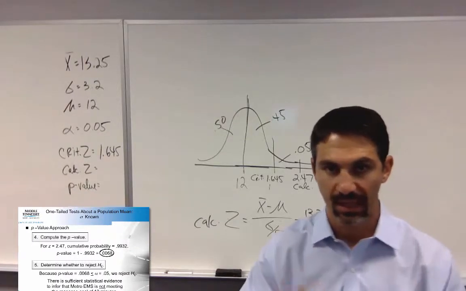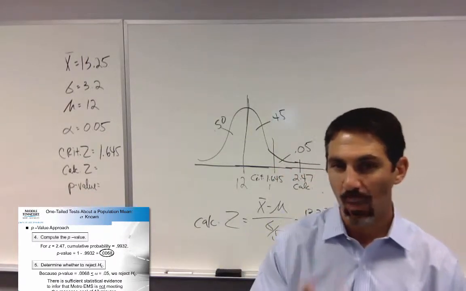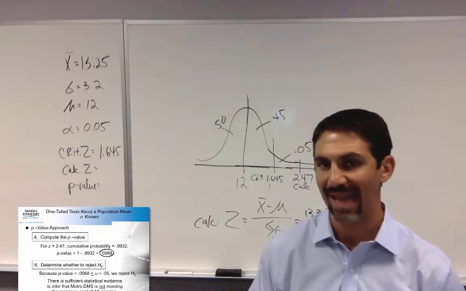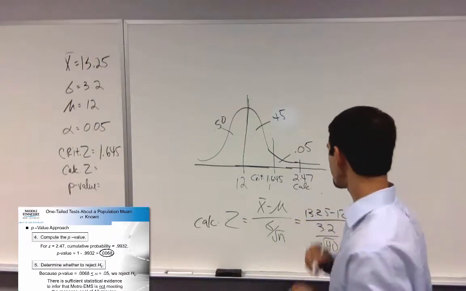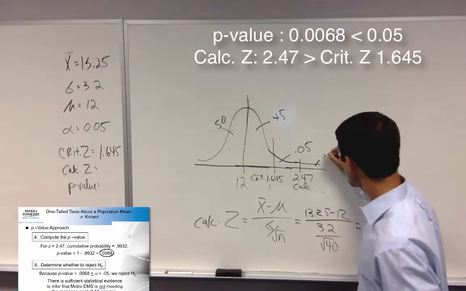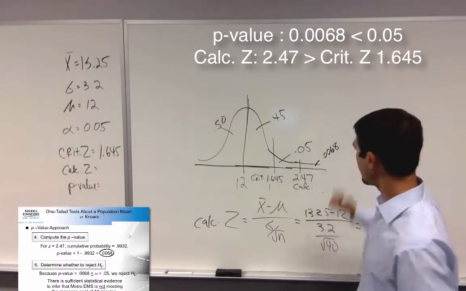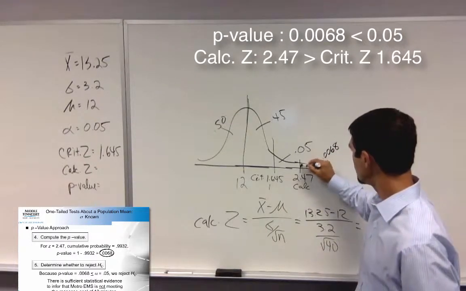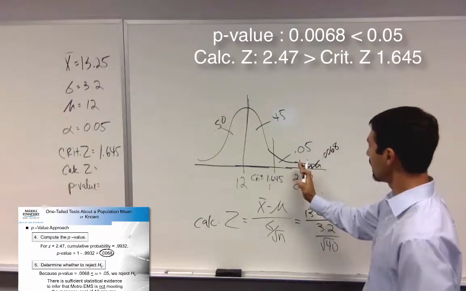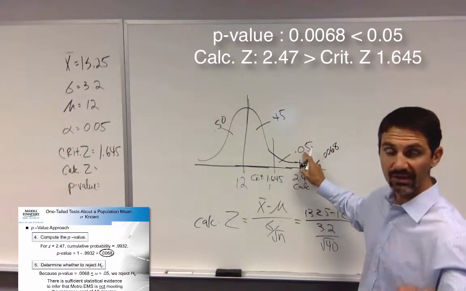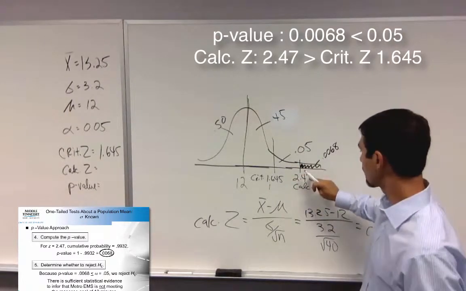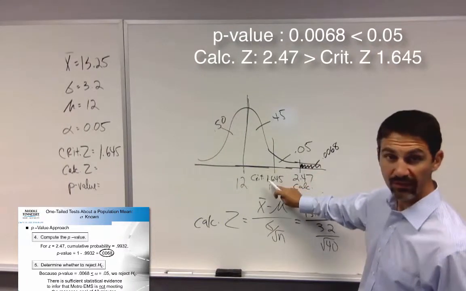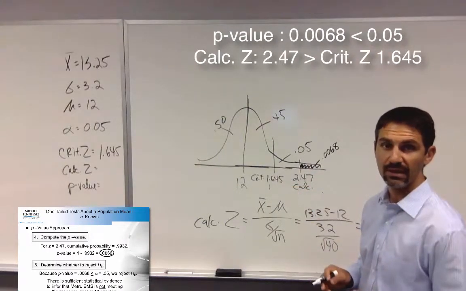So let's take a look then at the whiteboard again and see where that 0.0068 is. That is actually this area right here, which is part of that 0.05. So it's less than 0.05, so you know significantly more. The calculated value is greater than the critical value. That also tells you it's significantly more.